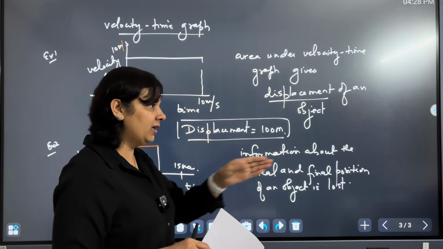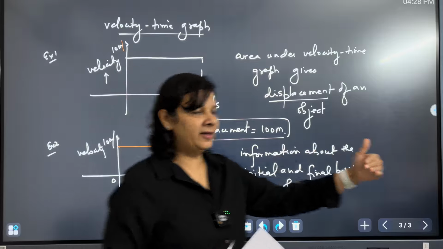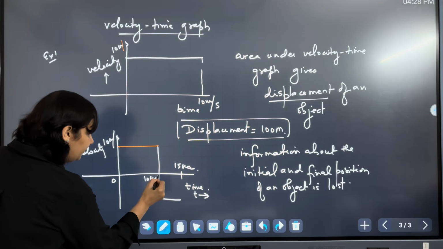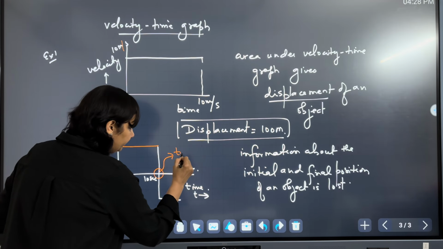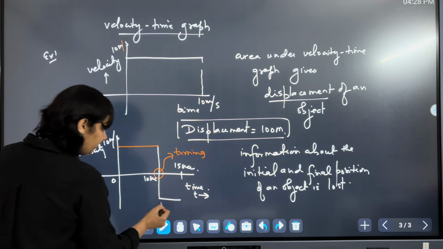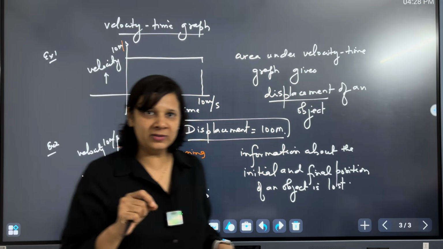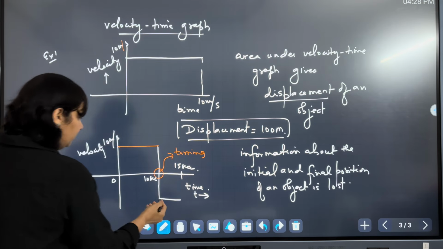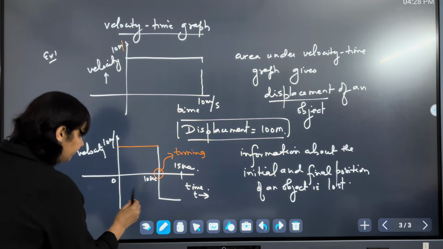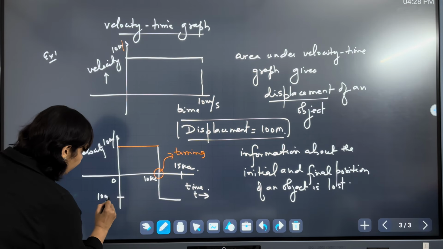When the object was moving in a positive direction and then it turned, this is the turning point, right? Because after that the value of velocity has become negative. Negative velocity means the object has changed direction. Now the object has moved this much, and this is also 10 meters per second.